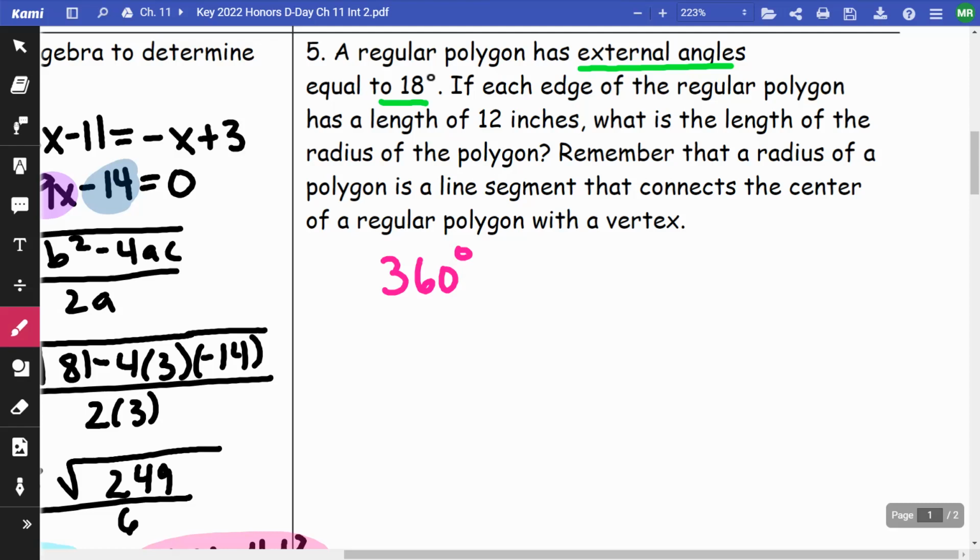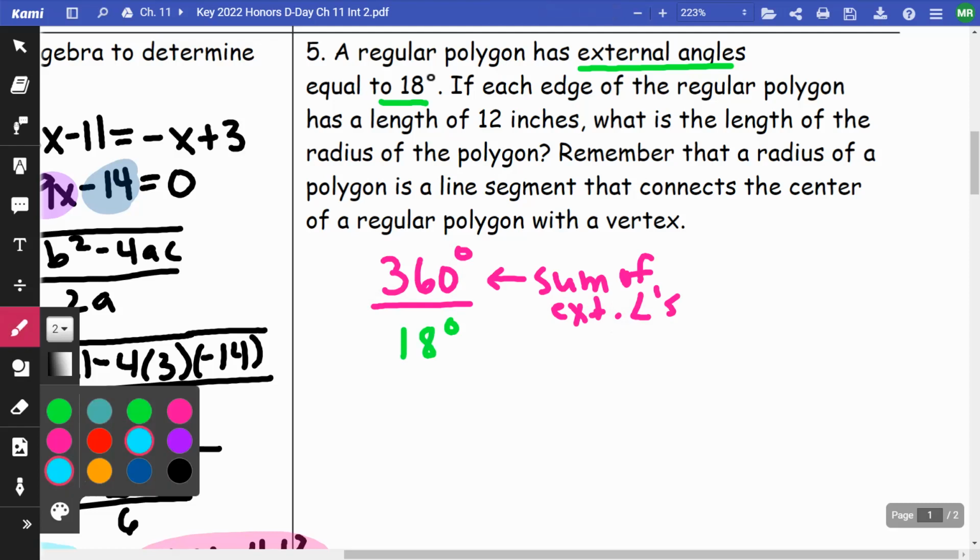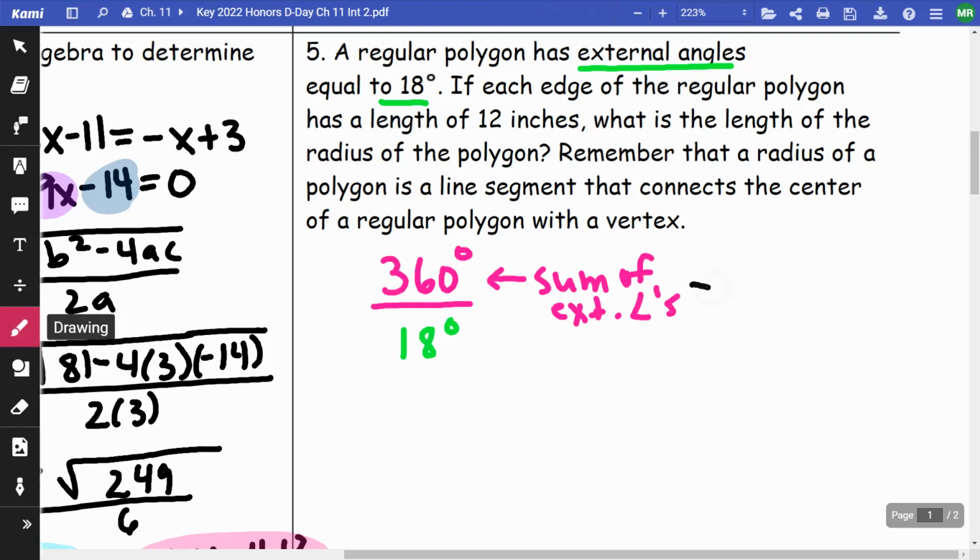That's the sum of exterior angles. I am going to divide that by 18 degrees to see how many sides that is. And 360 divided by 18 gives me 20 back. So I am going to get 20 sides. So this is going to be a 20-sided polygon.